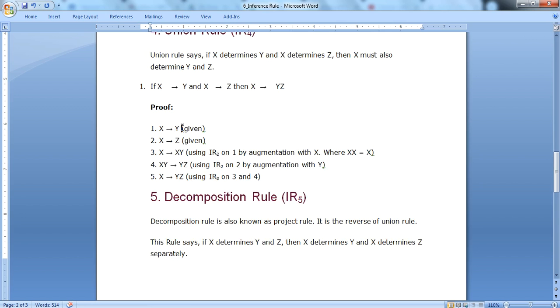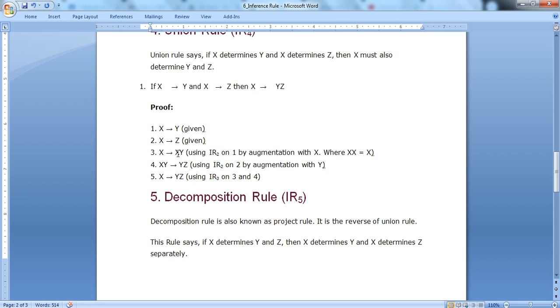Then as a proof, for the given relation, we apply rule 1 and rule 2 and get this situation: X determines YZ. Why?